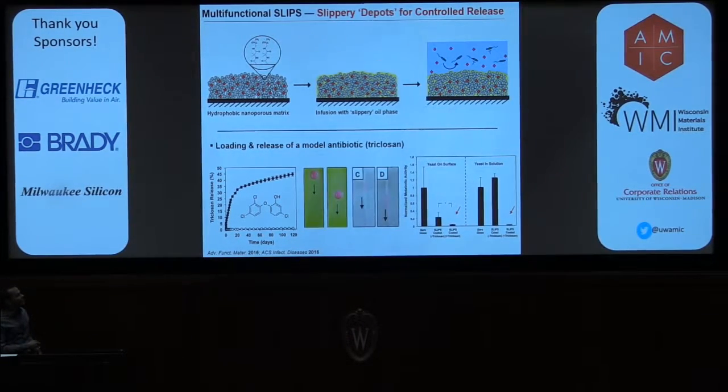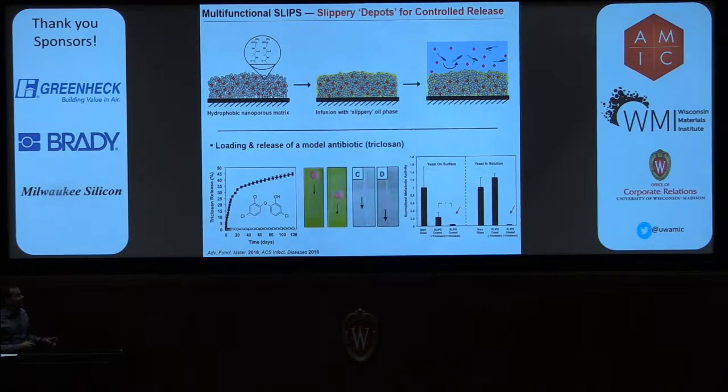We have seen that by loading triclosan into these films and adding the oil, the slippery surfaces remain slippery. Furthermore, when we expose these surfaces to aqueous media in a physiological environment, they slowly release the triclosan loaded inside the films over a period of more than 4 months.